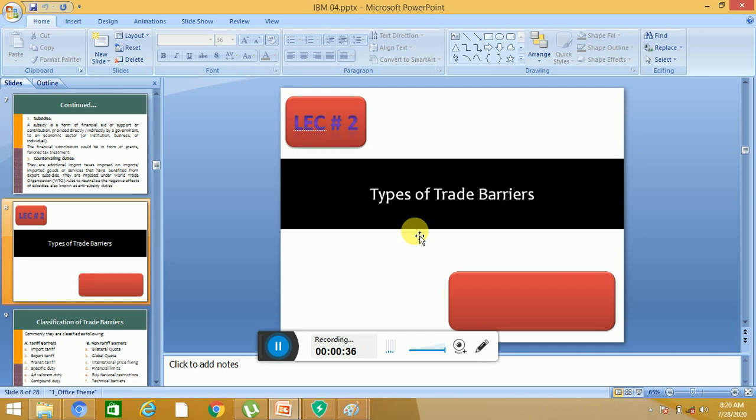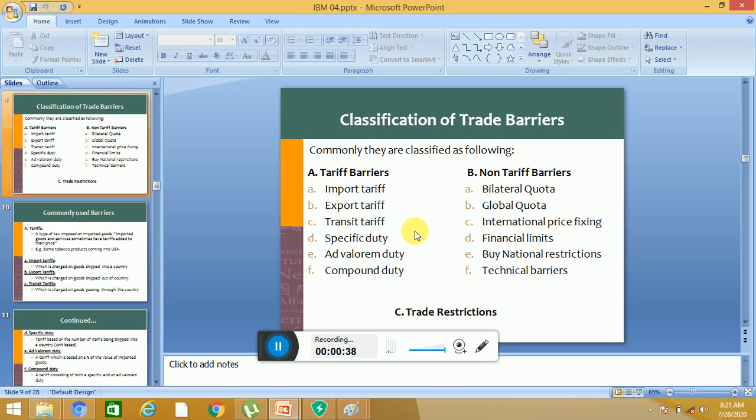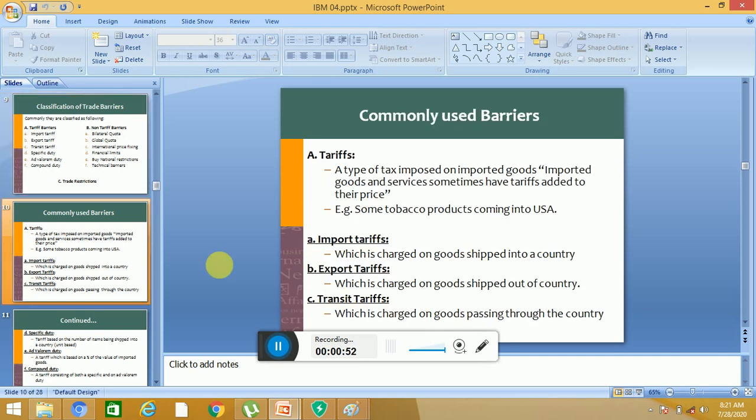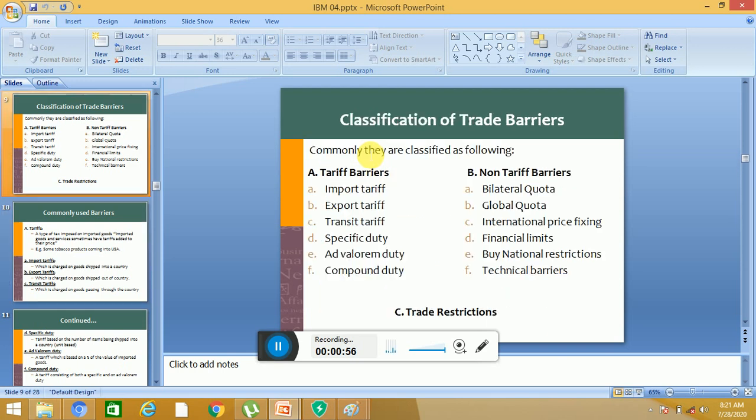Today we are going to discuss types of trade barriers. We discussed a bit about this: tariff barriers, non-tariff barriers, and then trade restrictions. So today we are going into detail on this. The first type is tariff barriers.